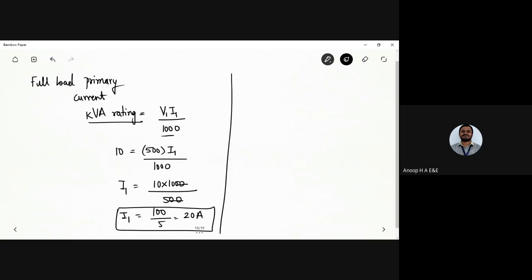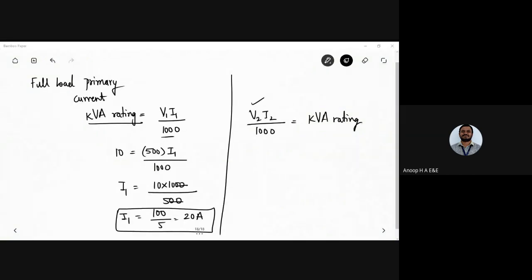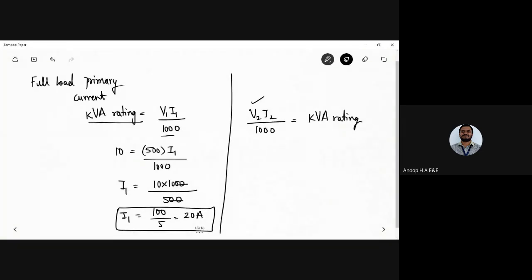In the same way, V2 I2 divided by 1000 would be the kVA rating again. So I want to find V2. How do I find V2? Can anyone tell me?